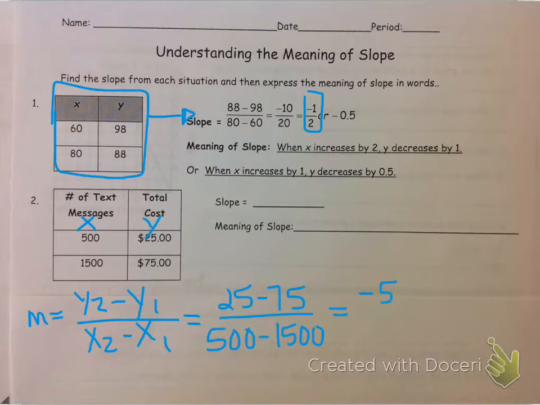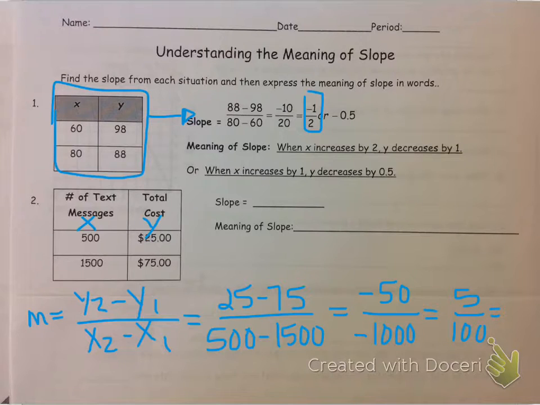We get a negative 50 over a negative 1000, and that equals positive 5 over 100. So this is our slope right here. We could simplify more. It's fine if you stop there.